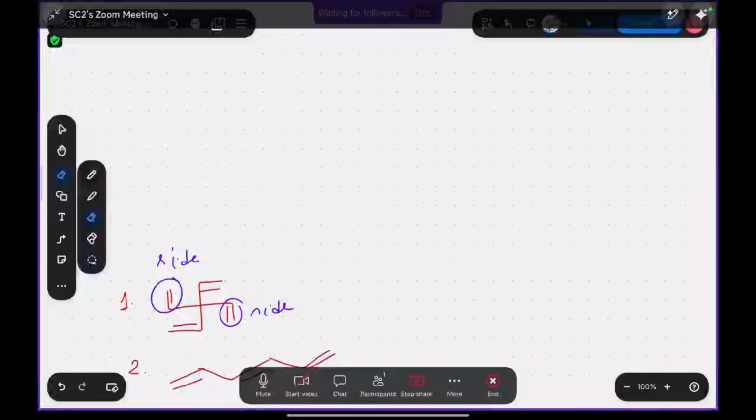Just do the numbering first. It is 1, 2, 3, 4, 5. So what do you do? As I said, the format is writing the side chain first, with the locant. See that at the 3rd carbon, 2 side chains are there.